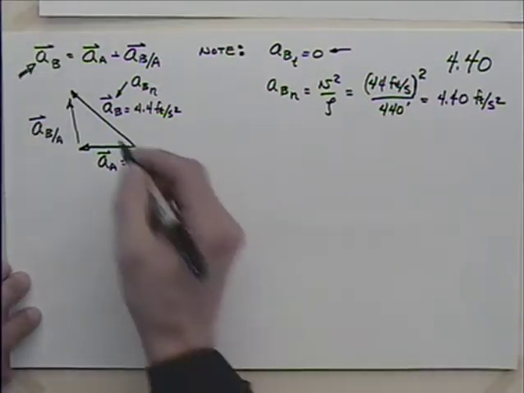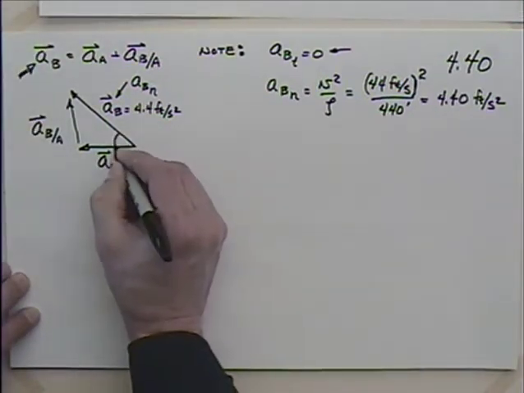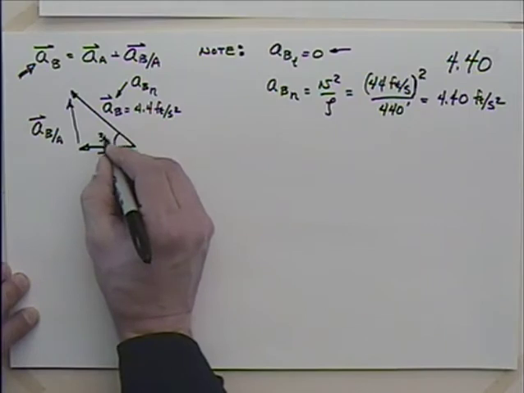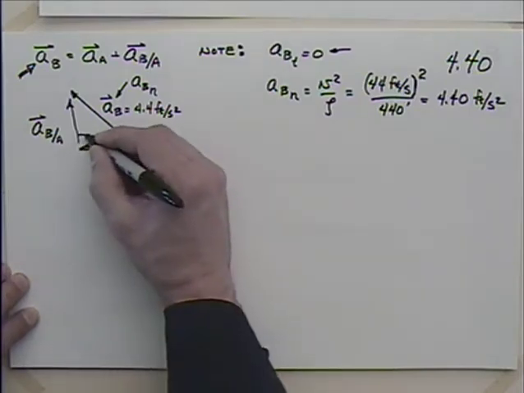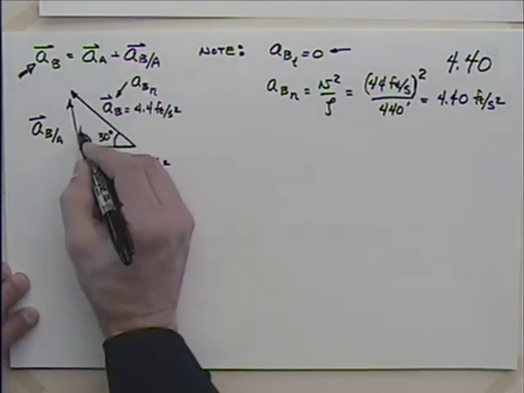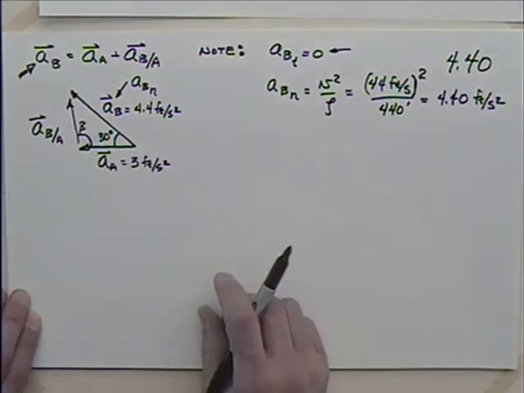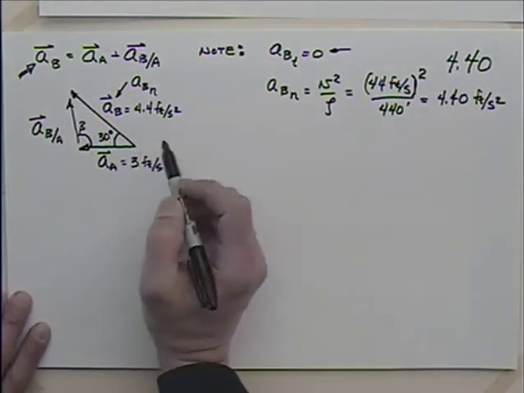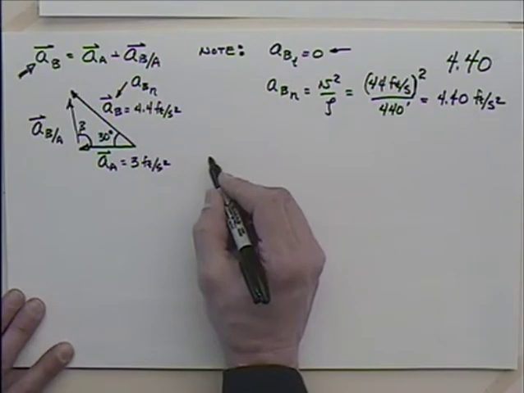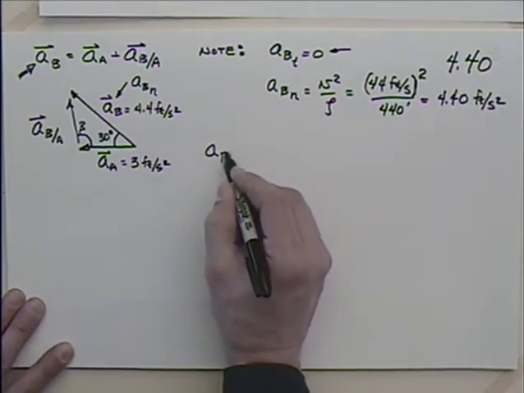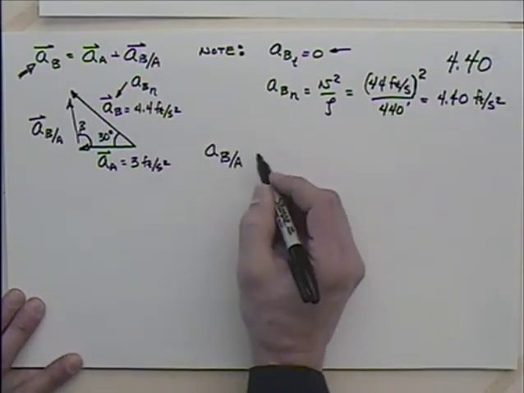And I think this angle here, that's going to be that 30 degrees again, isn't it? And maybe I'll put one more angle here. I'll say that this is beta. We have two sides and the included angle, so I could talk about the magnitude of the acceleration of b with respect to a.